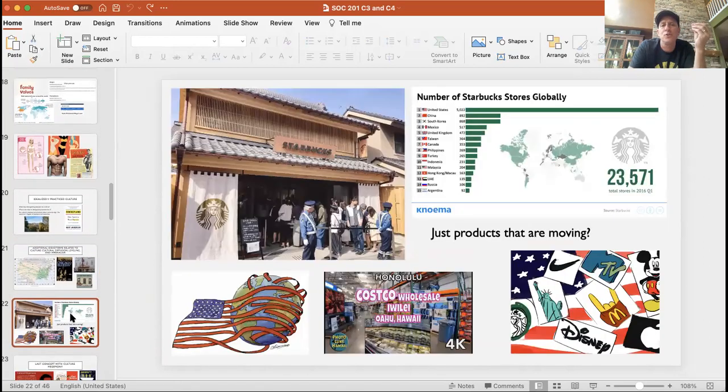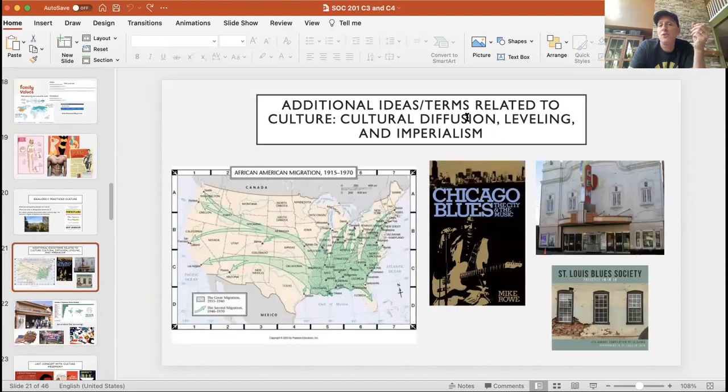Looking at things like cultural diffusion, we could think about cultural leveling, the idea that things become more homogenous, more alike, more similar. Imperialism is where a country is dominating another. It's like an imperialization. They're taking over culture.